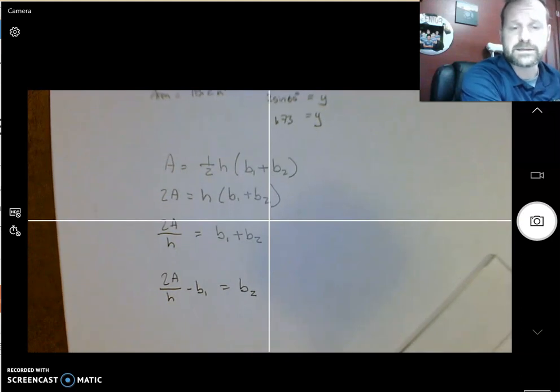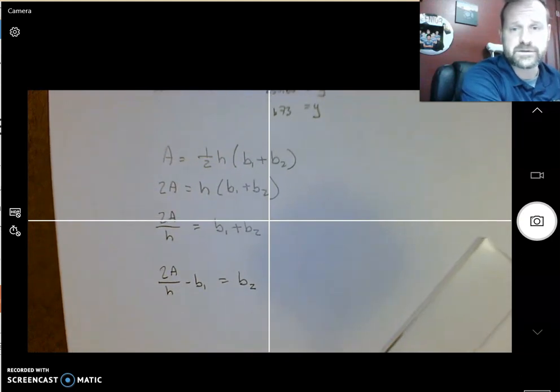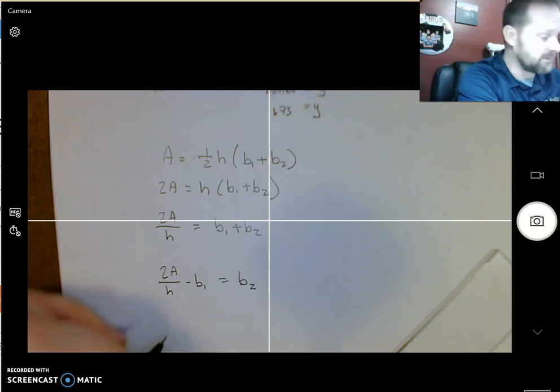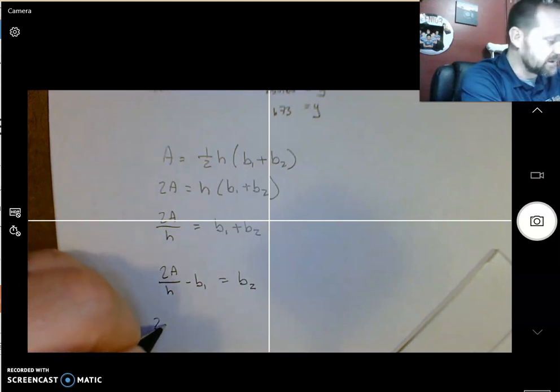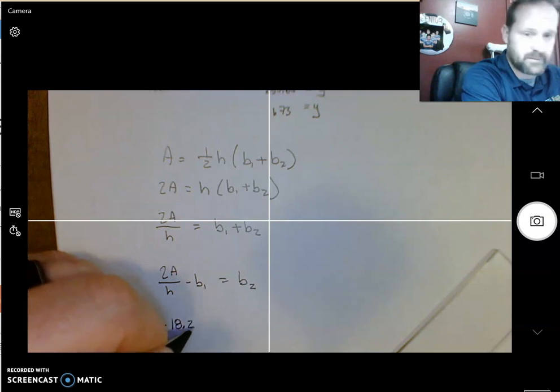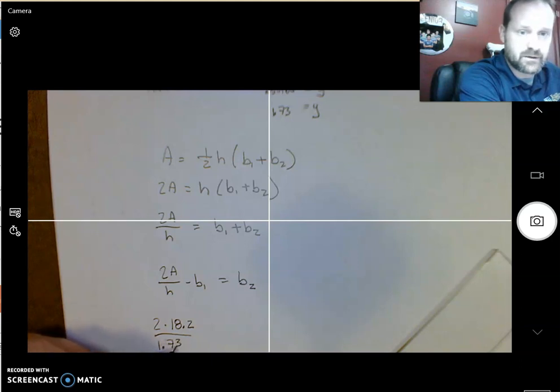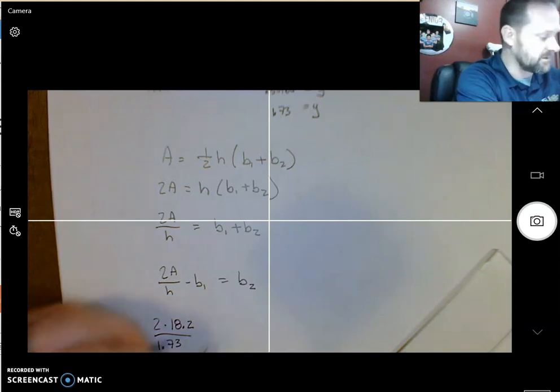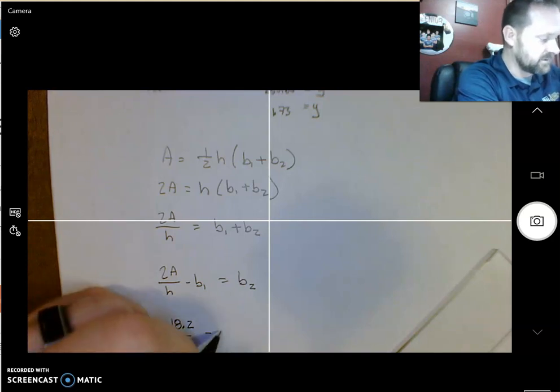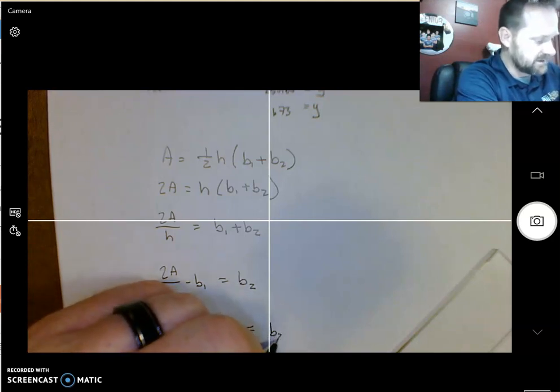Next we're going to plug in the values, and I'm going to show you that the answer is 11. So I have 2 times the area, which was 18.2 from earlier, divided by the height. It was 1.73, the decimal approximation of the square root of 3, minus base 1, which was 10, and that's base 2.